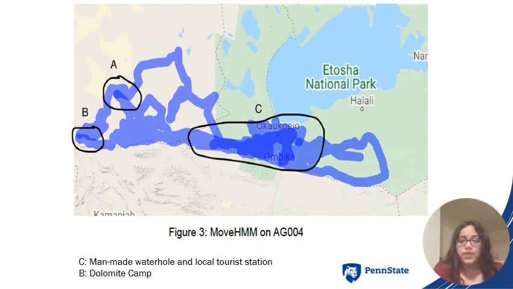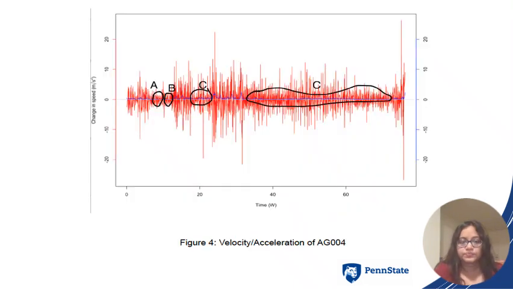This model uses a bivariate time series of distance traveled between times and change of direction between times. For the analysis, initial step and angle parameters were established for each state, and this plot generated for a particular elephant has two states. One is a transit state, characterized by large steps with smaller turns, and one is a foraging state, where the elephant takes shorter steps with larger turns.